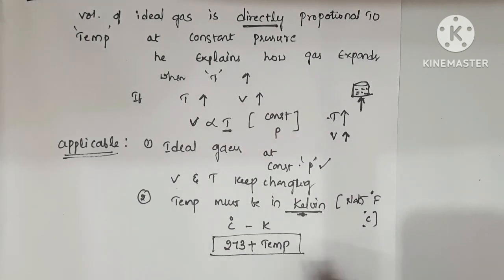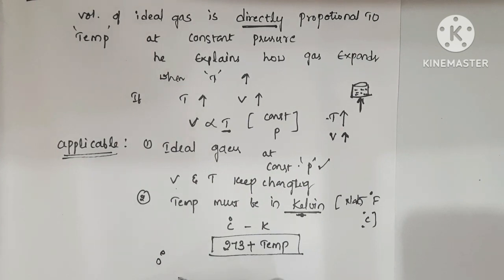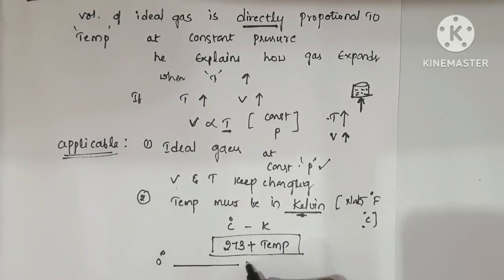Zero degrees on the Kelvin scale means absolute zero.